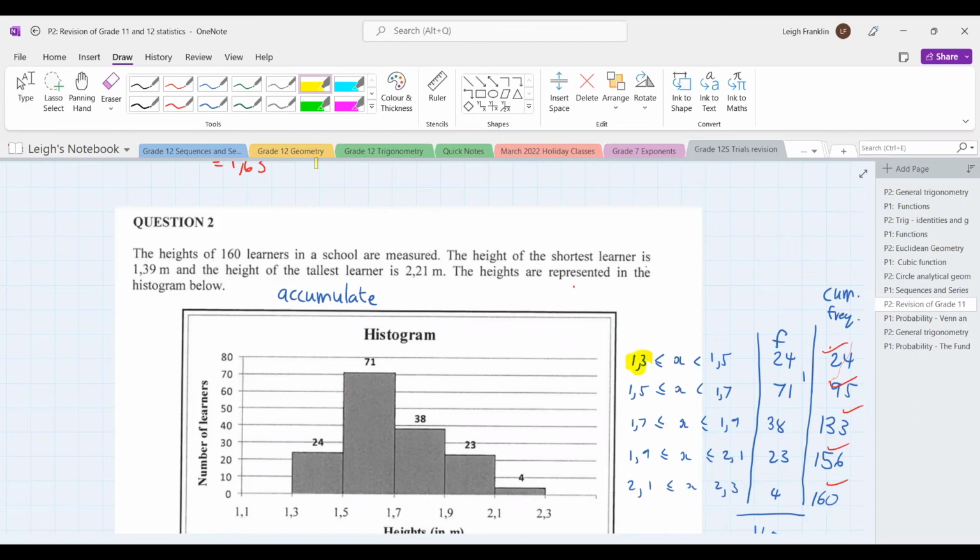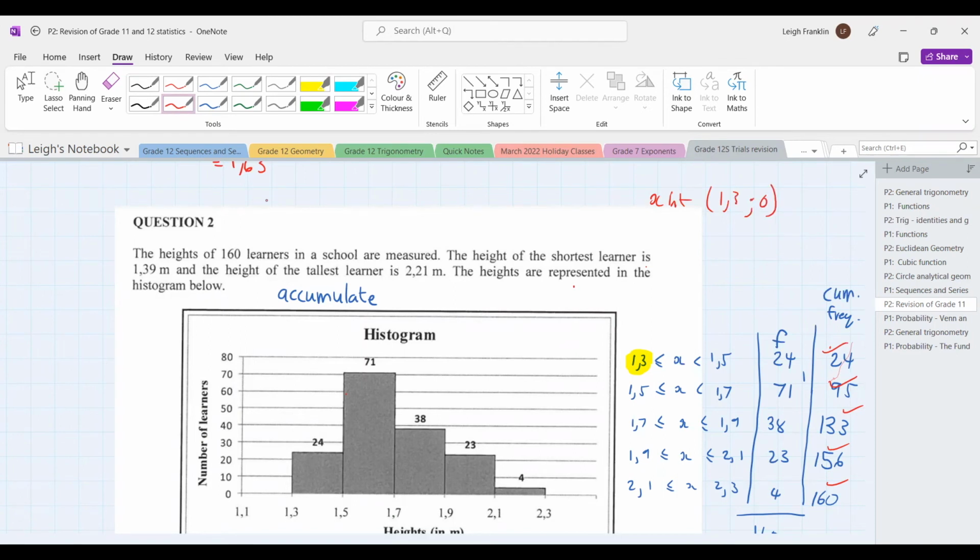Okay, so your x-intercept is always going to be this value over here. Whatever is your minimum value in your smallest interval on the left-hand side, that is going to be your x-intercept. So for any x-intercept, x will be equal to whatever, and y will be equal to 0. So in this case, our x-intercept is going to be the point 1.3 plotted against 0.